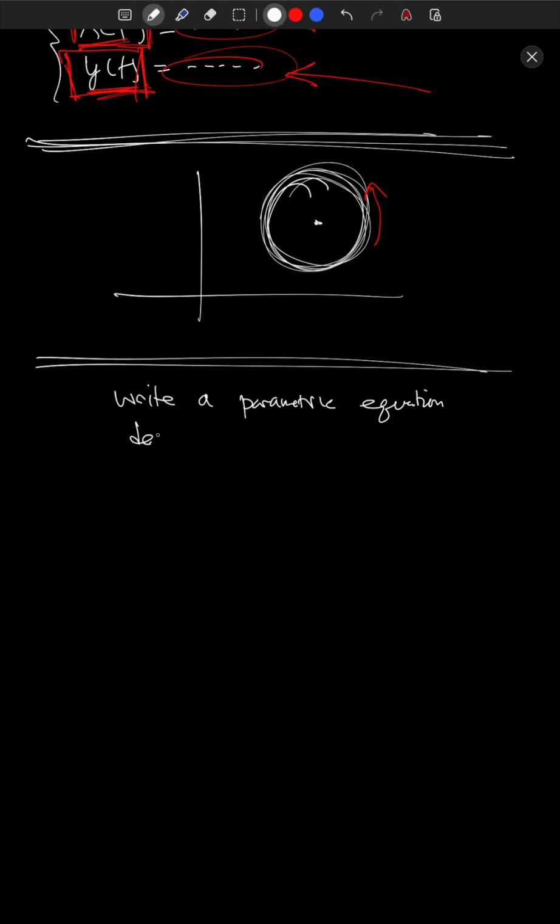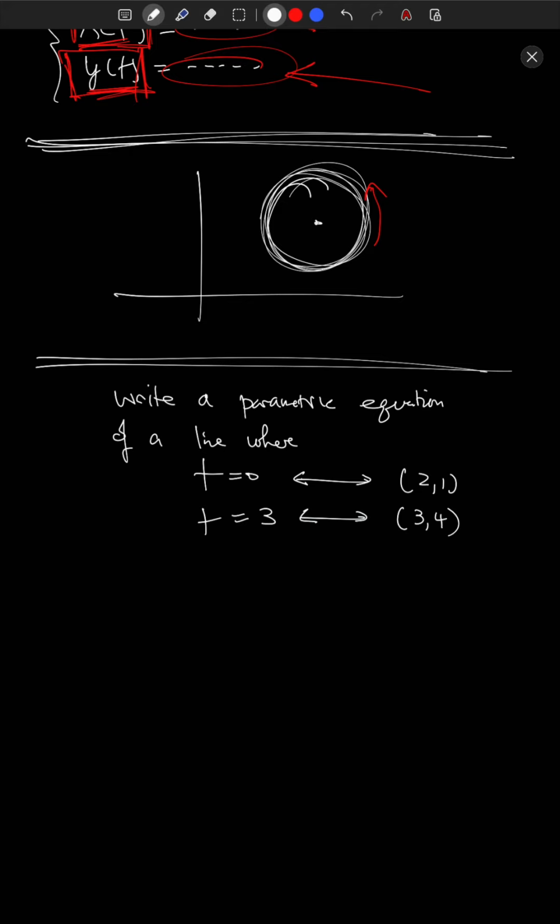Write a parametric equation of a line where t equals 0 corresponds to (2, 1), and t equals 3 corresponds to (3, 4).